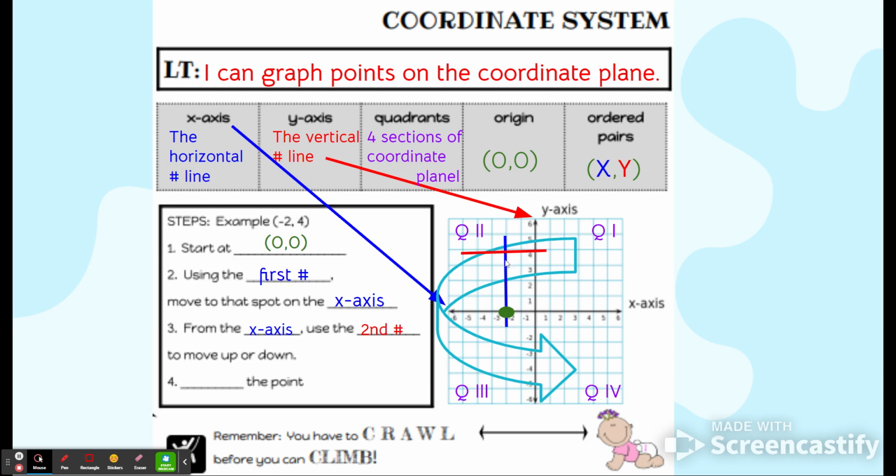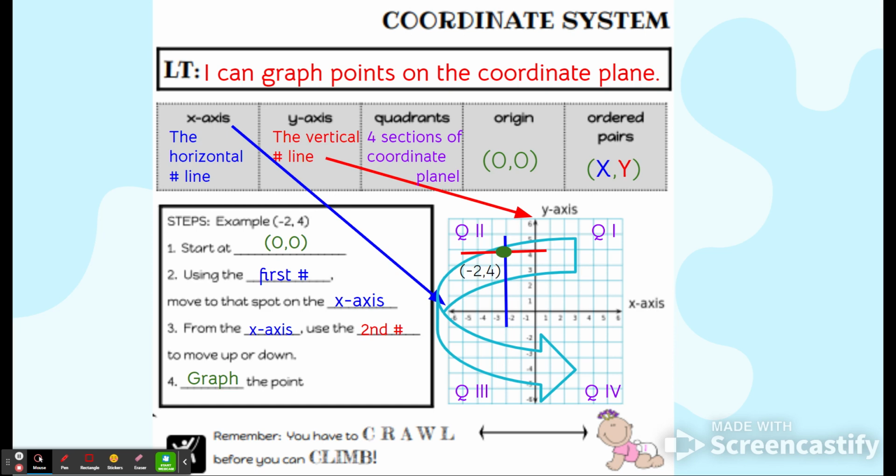Okay, and right where that intersects right there, that is where we're going to graph the point. So the location of this point, -2, 4, is going to be right there on our coordinate plane.